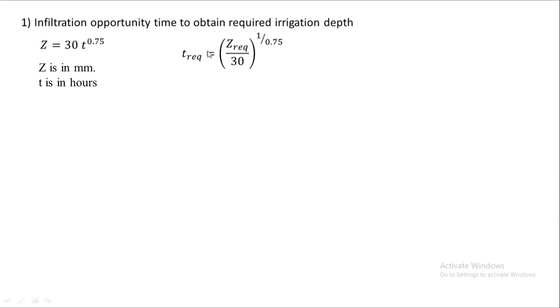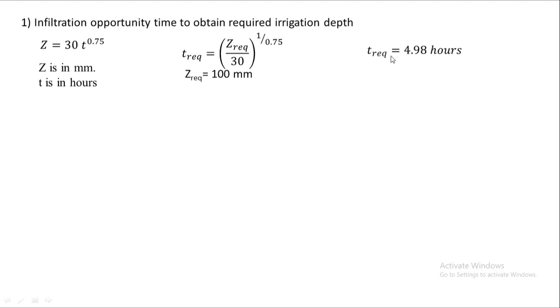So we have rearranged this equation. T required is Z required divided by 30, raised to 1 divided by 0.75. Z required is the required irrigation depth. It is 100 millimeters. As this equation is in this form, Z is in millimeters, so we will use Z required equal to 100 millimeters.